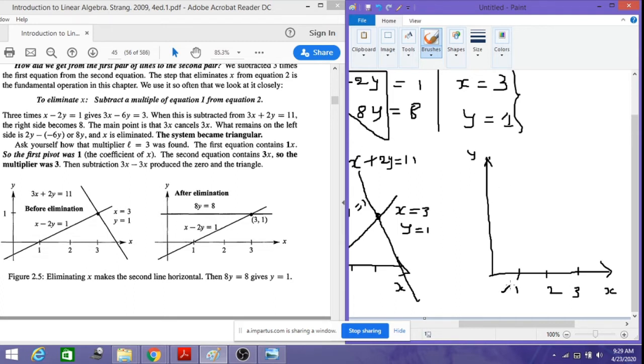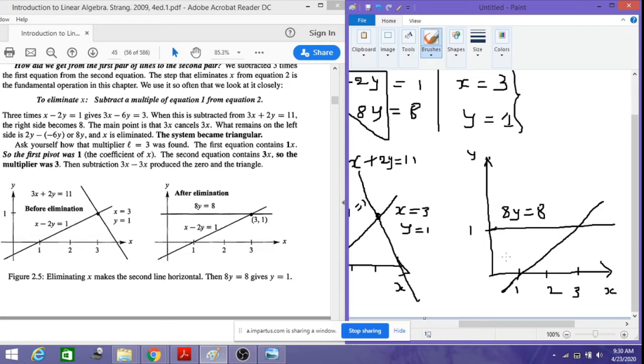So I got this, this is my y with 1. Then y is nothing but 1, which means a straight line like this. So this is nothing but our 8y equal to 8, so y is equal to 1, and I'll get a straight line. It's like a step signal.